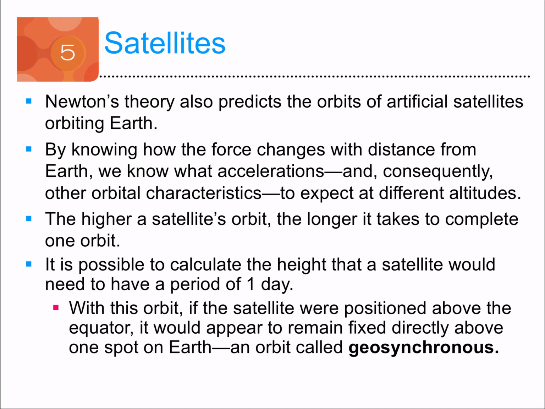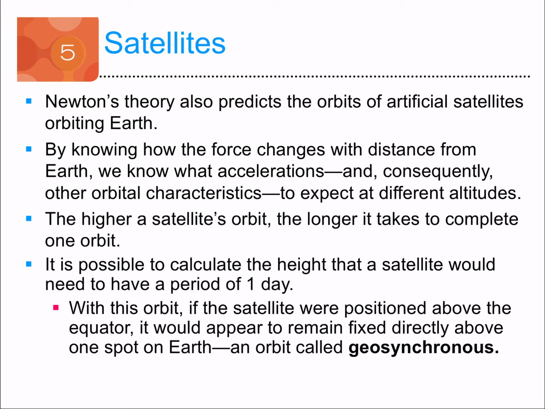Another thing Newton's work has helped us do is to predict the orbit of artificial satellites that orbit the Earth. We can do this by knowing that the force changes with distance from the Earth. We know what acceleration is and the orbital characteristics, so we can know what to expect at different altitudes.